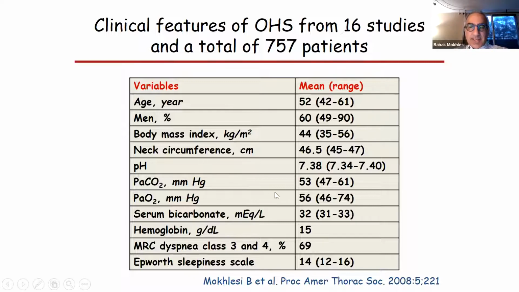And you can see this is again in ambulatory settings, in the outpatient setting. Obviously, they present with a balanced pH. The CO2s tend to be in the low 50s, but there's a range, obviously. There's concomitant hypoxemia. And interestingly, you don't see a lot of secondary erythrocytosis in these individuals.